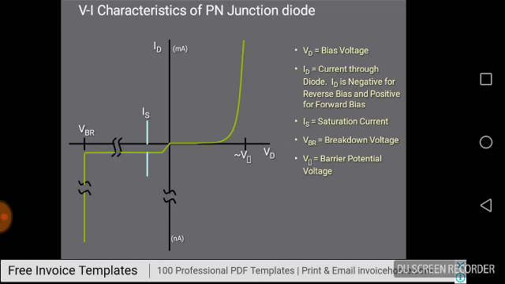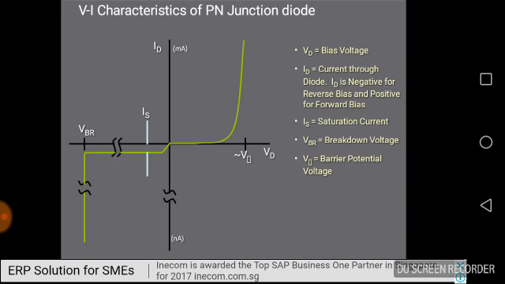It flows, and when you increase this reverse bias voltage, after some volts, we call that the breakdown voltage. Now what happens is the diode will break down and the current will flow rapidly.